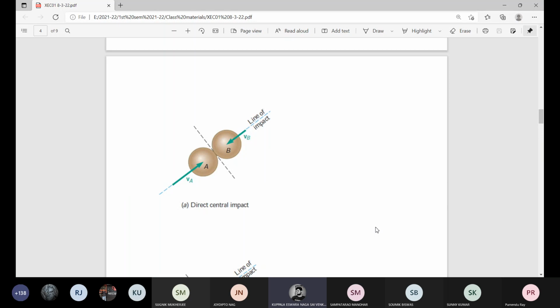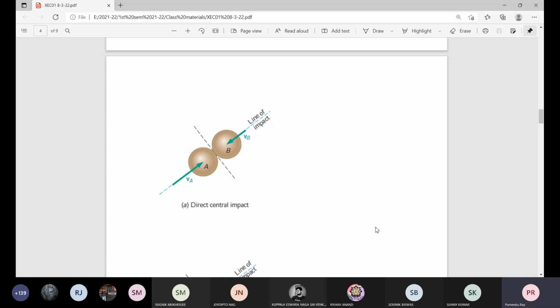Elastic, non-elastic. Perfectly elastic and partially elastic.